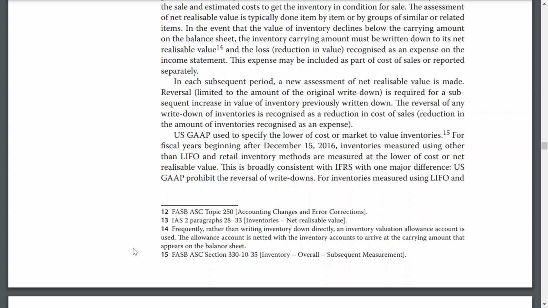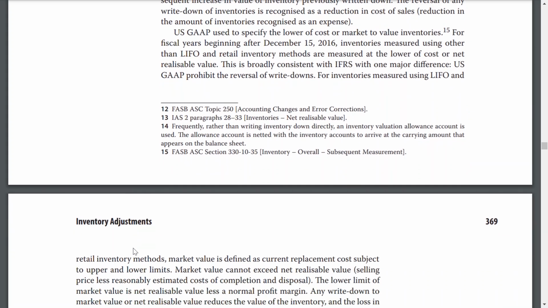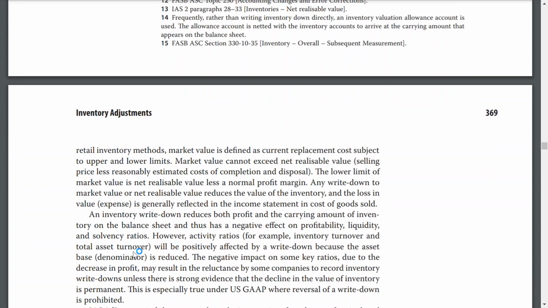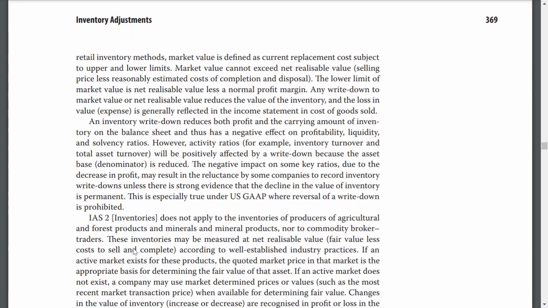This is broadly consistent with IFRS, with a major difference: US GAAP prohibits the reversal of write-downs for inventory measured using the LIFO and retail inventory methods. Market value is defined as current replacement cost subject to upper and lower limits. Market value can exceed net realizable value. The lower limit of market value is net realizable value less a normal profit margin.